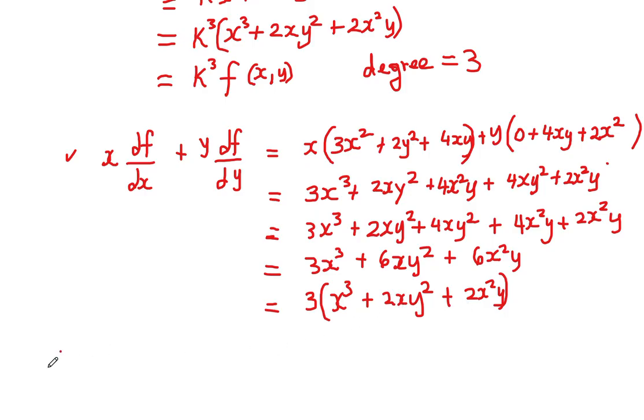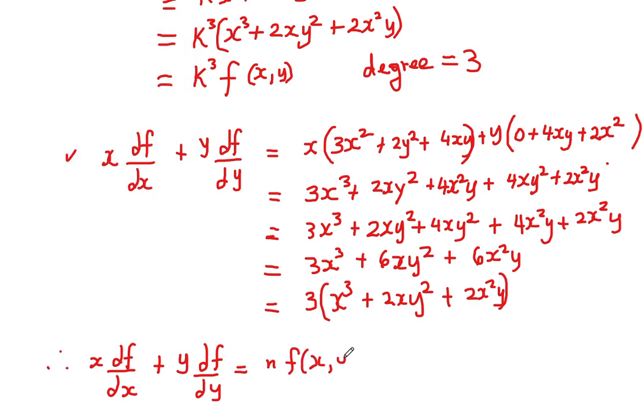So what we notice, therefore, I'm going to say here that x multiplied by the implicit derivative of the function with respect to x plus y multiplied by the implicit derivative of the function with respect to y gave us n multiplied by, where n represents the degree of the implicit function, n multiplied by f of xy.